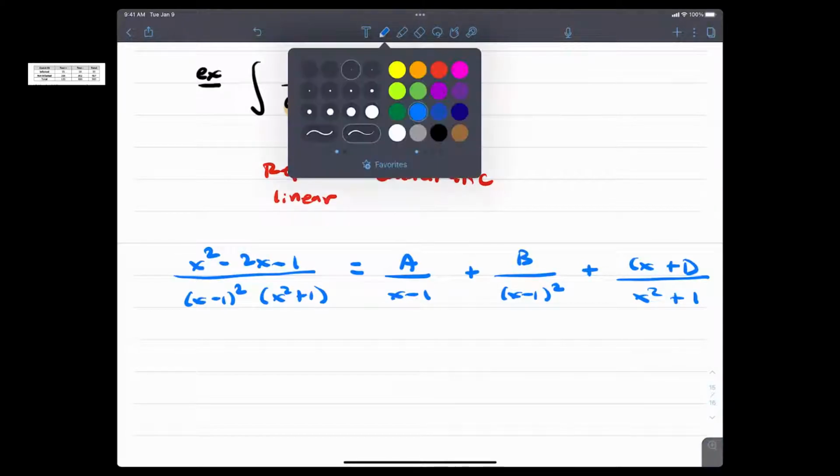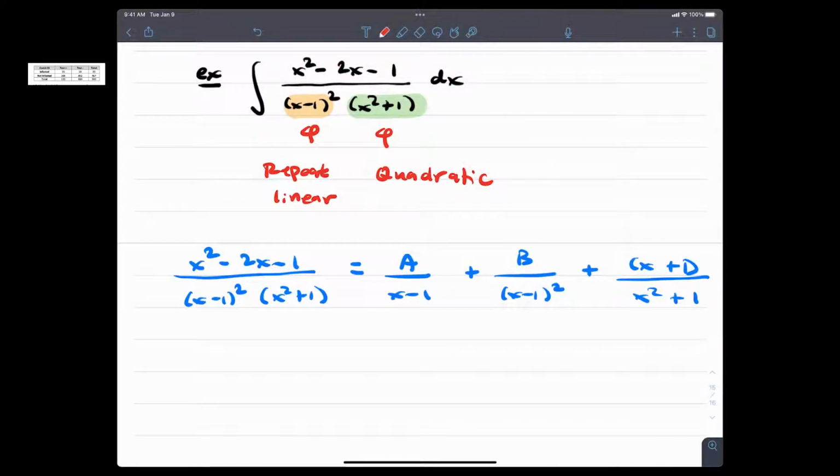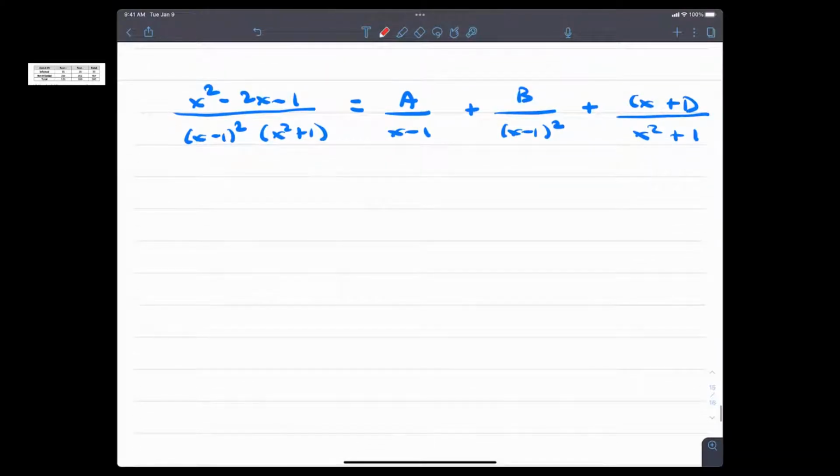Now, I want you guys to note, we're going to try to do what the book says. The LCM, if you were to do the algebra on the right side, is x minus 1 squared times x squared plus 1. Your book says multiply the left and the right side by this term.